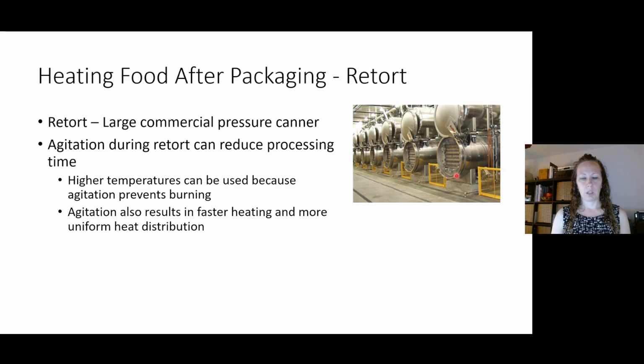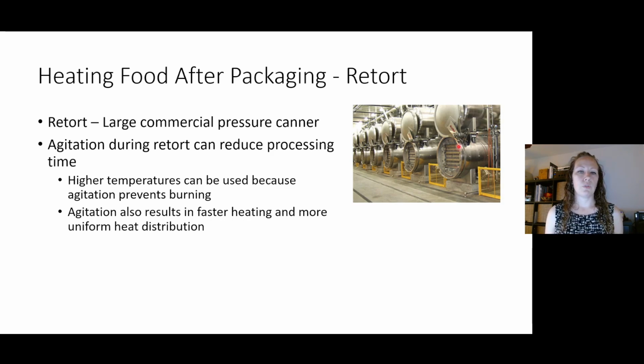The door will be closed and it will be filled with water. It's heated, pressure builds up, and you're able to heat it to the 121 degrees Celsius that is required to kill spores, to kill botulinum spores.